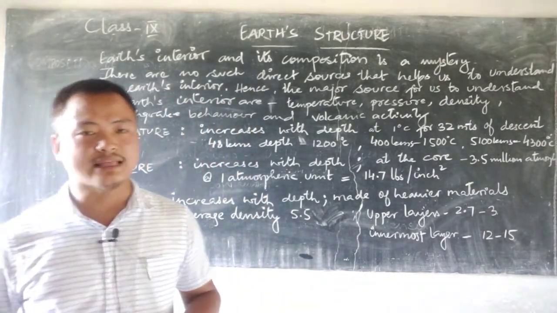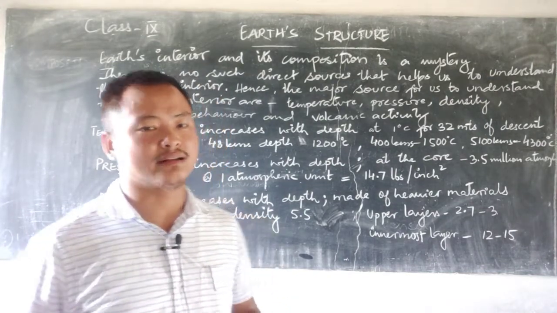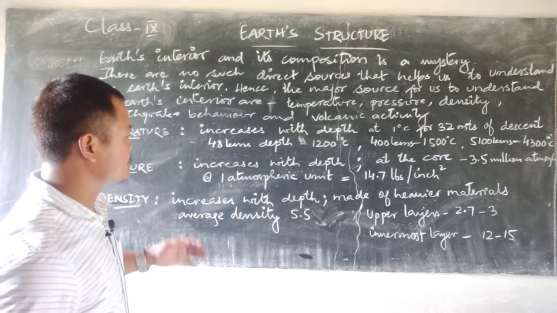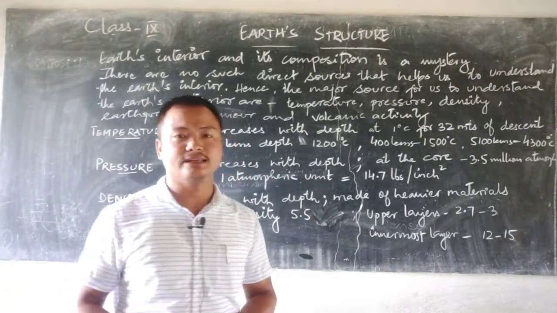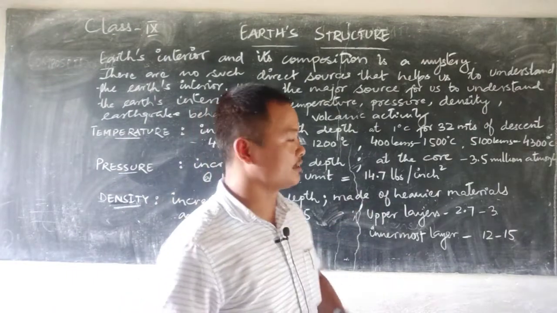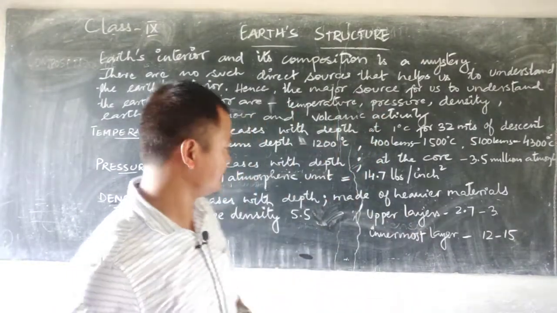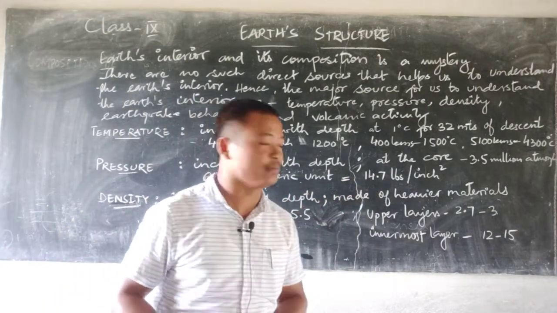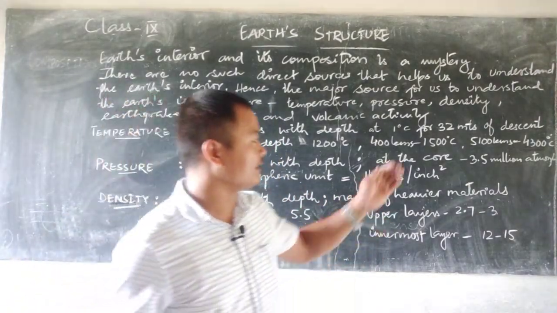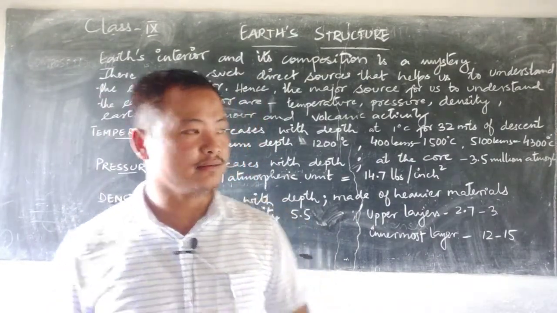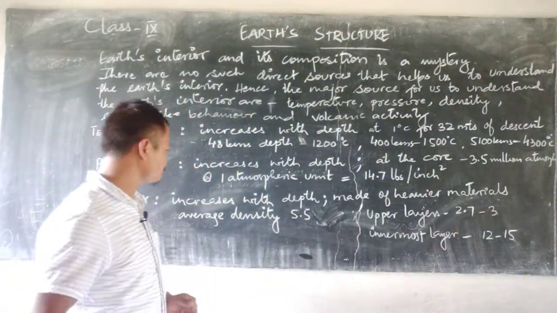That is the reason why the pressure keeps on increasing as we move towards the interior part of the Earth. At the innermost part of the Earth's interior, the pressure is somewhere around 3.5 million atmosphere. With 1 atmospheric unit being 14.7 lbs per inch square, the core will have 3.5 million atmospheric pressure.